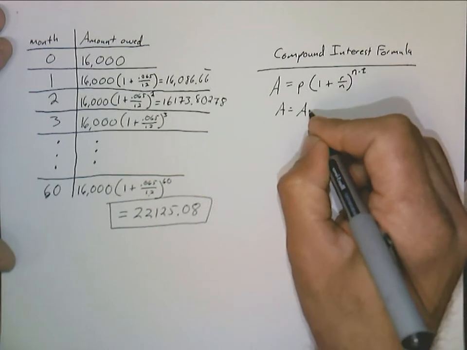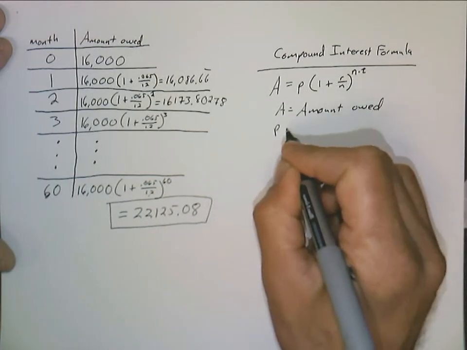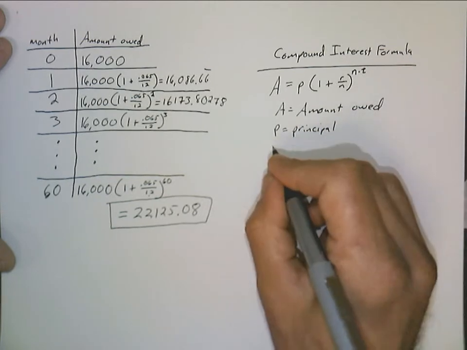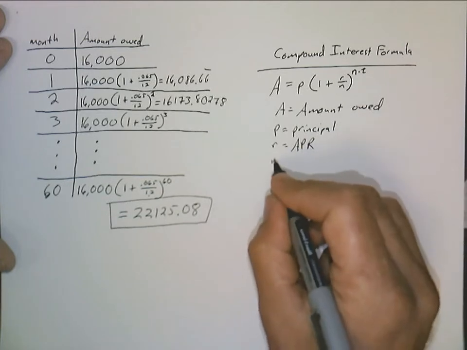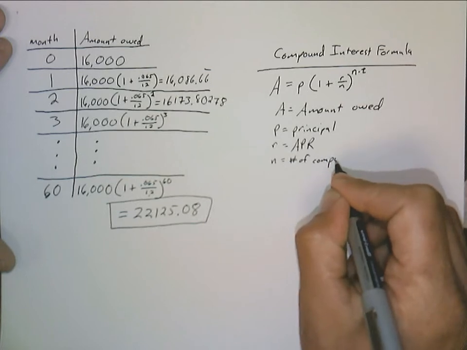A is the amount owed. P is the principal again. R is the APR, the annual percentage rate. N is the number of compounding periods per year.